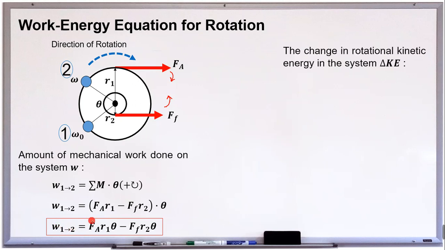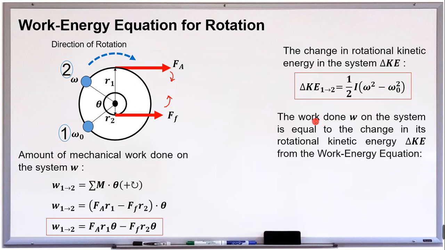Next, distribute the angular displacement θ, and you will arrive at the final expression for the work done from 1 to 2. Next, we will also quantify the change in the rotational kinetic energy in the system, ΔKE, that is simply equal to 1/2 the mass moment of inertia I times the difference of the initial angular velocity and the final angular velocity. We will combine these two concepts so that we can come up with a work-energy equation for this rotating object.